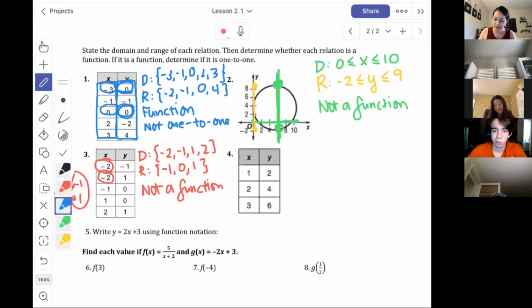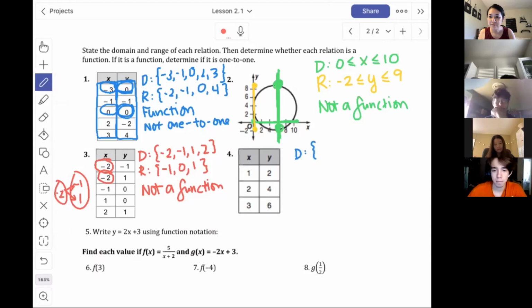Number 4, let's see. Paolo, number 4, can you help me with the domain? I didn't get the domain yet. It's okay, work on it right now. What should the domain be? It'd just be 1, 2, and 3 then.